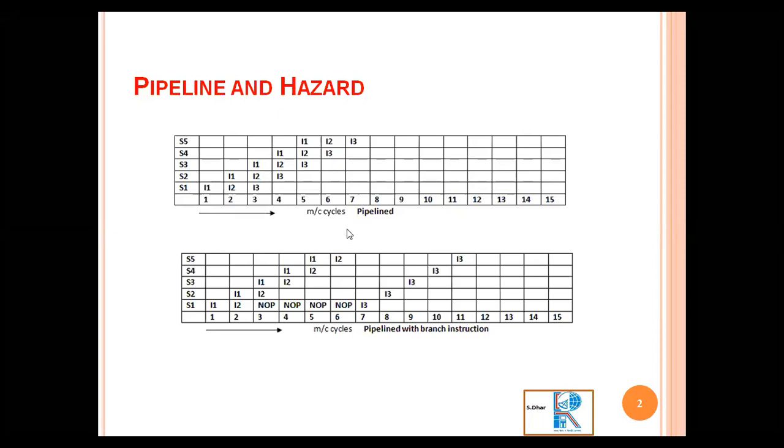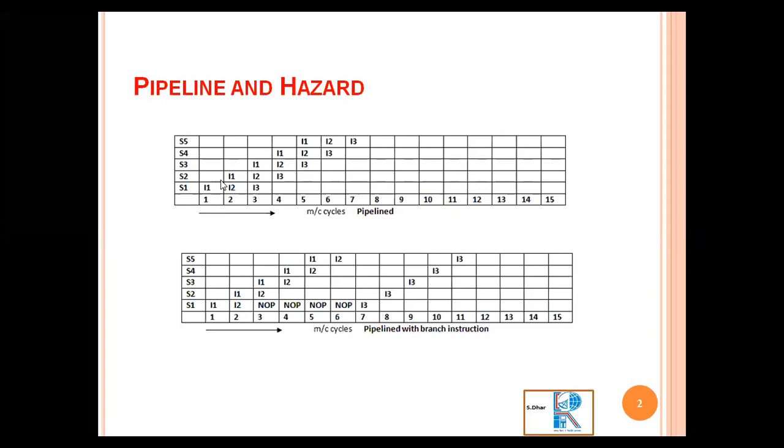So from this example, it will be clear, which I have already told you. Suppose there are 3 instructions, and the instructions are divided into stages. Here the stages are S1, S2, S3, S4, and S5, 5 stages. So at first, in the first cycle, I1 will do the stage S1.